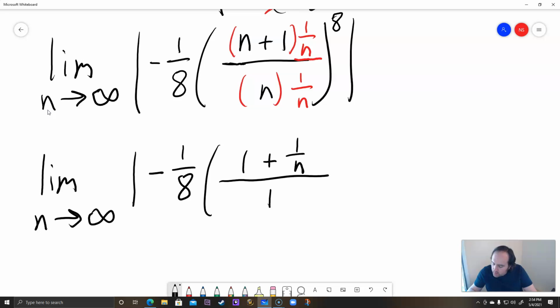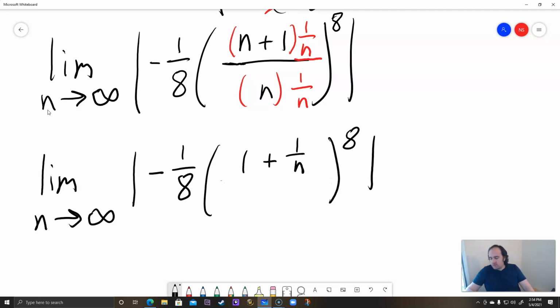So we have 1 plus 1 over n, in parentheses, raised to the 8th power. And then that's all over 1. Any number divided by 1 is just the number, so we don't need to divide by 1. We can erase that.